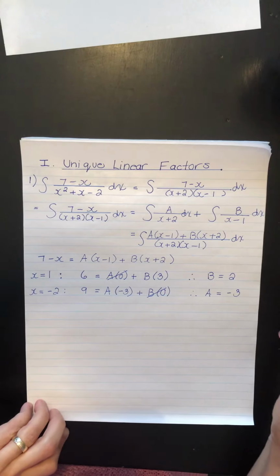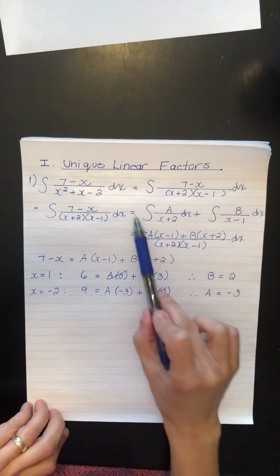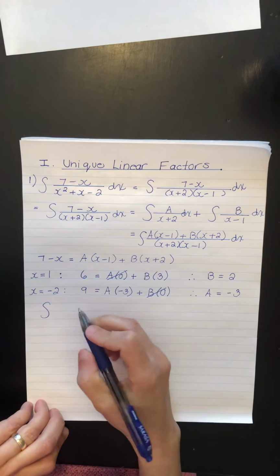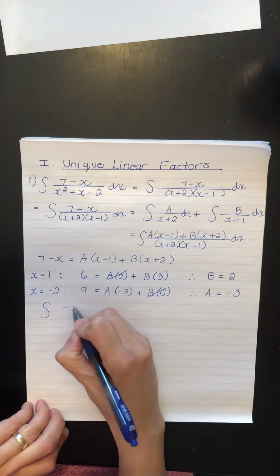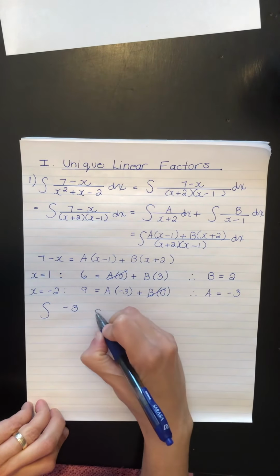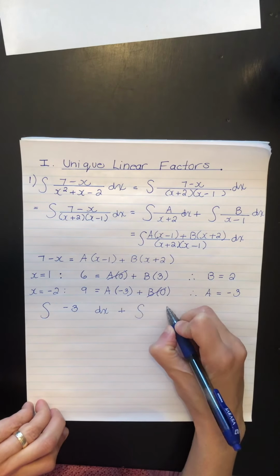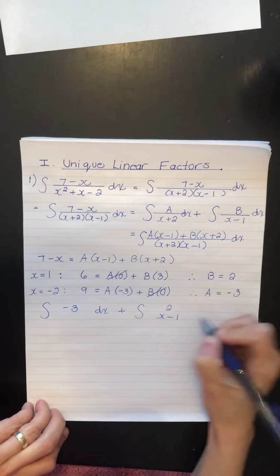We can now go back to this version, placing A in the numerator of the first fraction and placing B in the numerator of the second fraction.